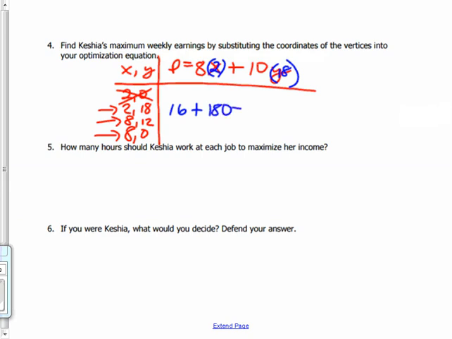She'd make a total of $196 if she does the 2 comma 18 route. And in the real world, what does that mean? That means 2 hours of tutoring and 18 hours at the restaurant. Makes sense. You maximize the one that gets you more money.